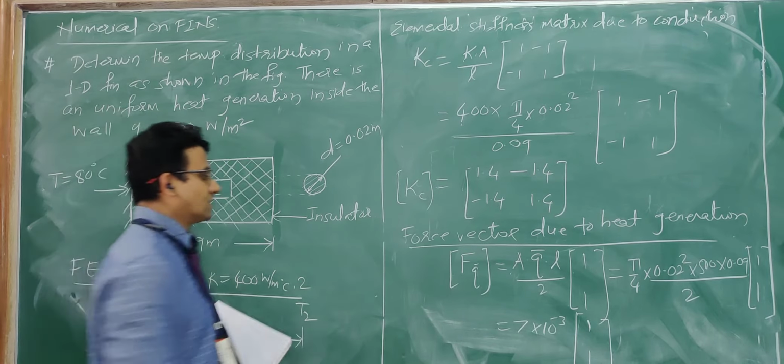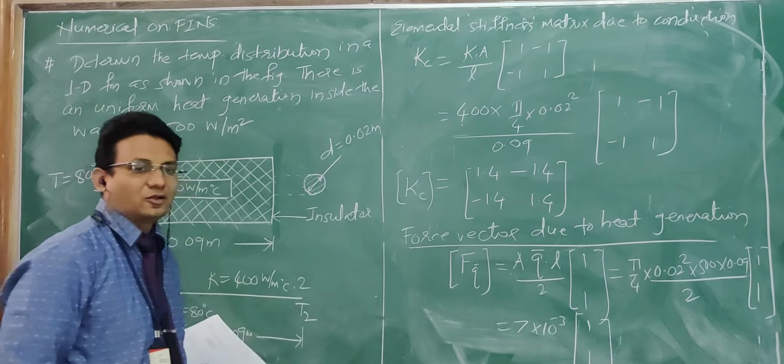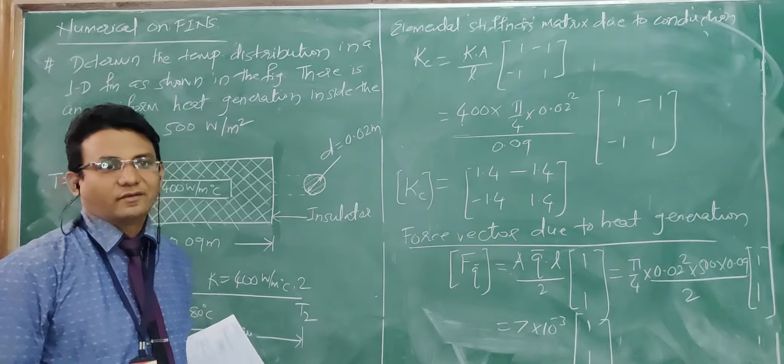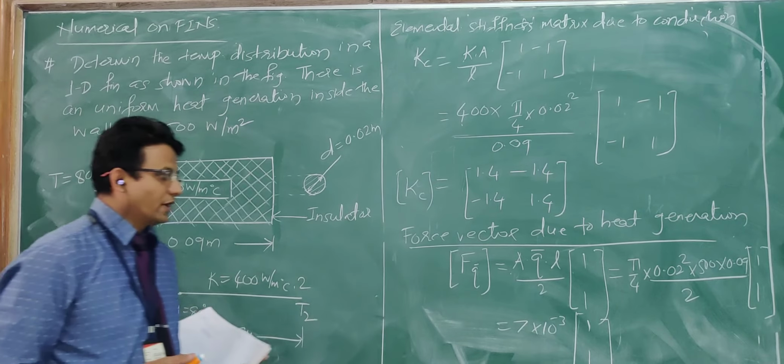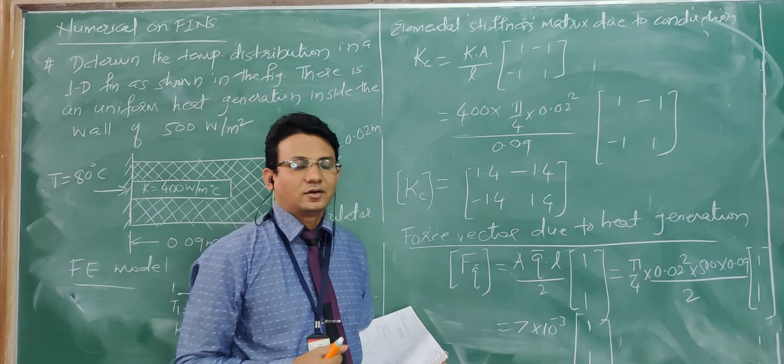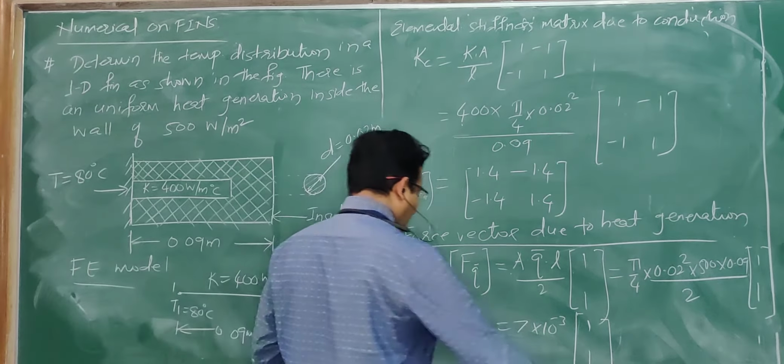So now this itself will be our global load vector, because there is no convection specified in the fin. The same I'll make use of in the equilibrium equation of the fin.